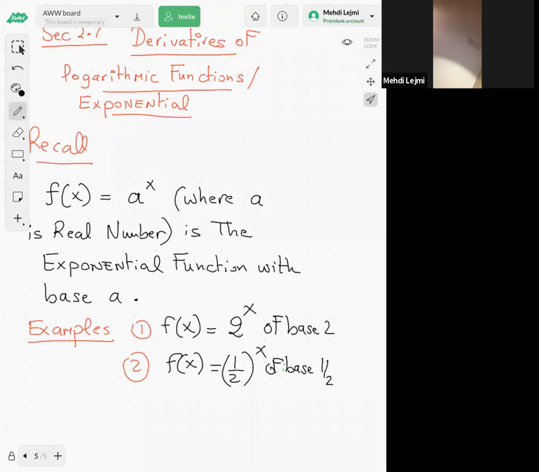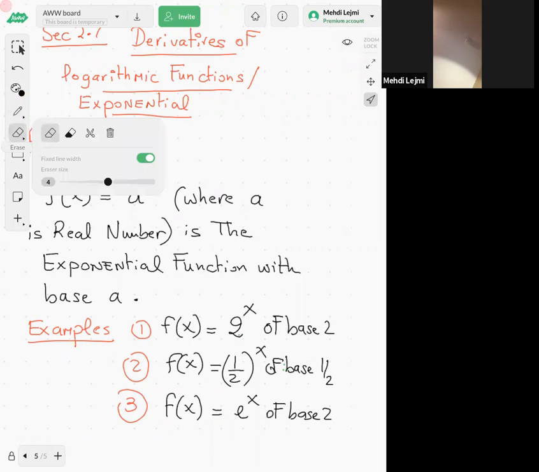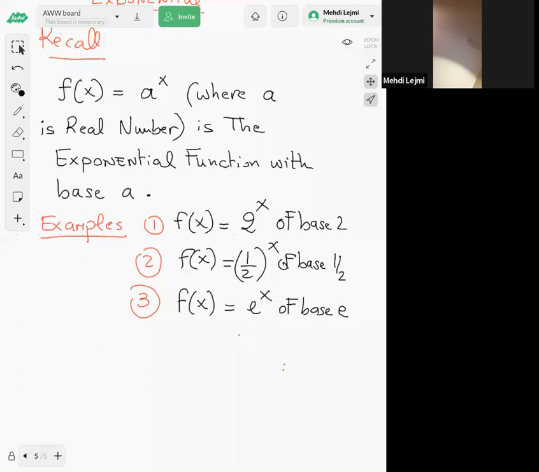Of course, there's also e to the x. Another, third example, f of x equal to e to the x. Here the base is e, which is a very special number, approximately 2.71 something. I'm going to define it in a couple of minutes.